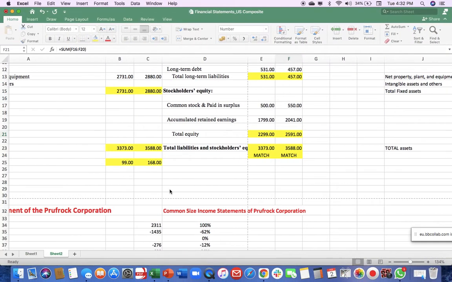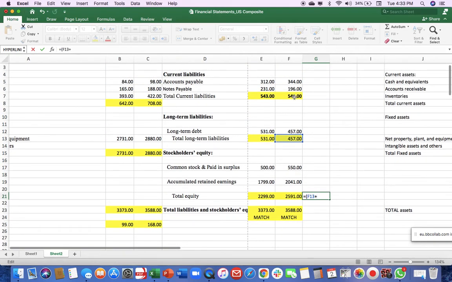Total debt is equal to long-term debt plus short-term debt.